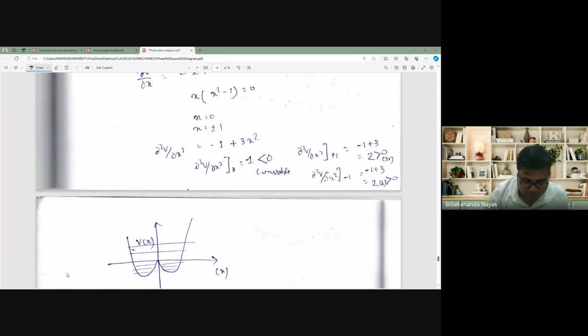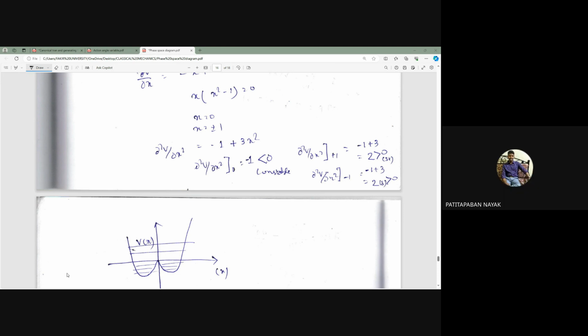Then unit 4, we have Hamilton's equation from variational principle. We only discussed Hamilton's equation from the variational principle. We have to discuss in the next class Hamilton's principle from least action and action angle variable. Units 1 and 2 we have already discussed, and from unit 3 only phase space.